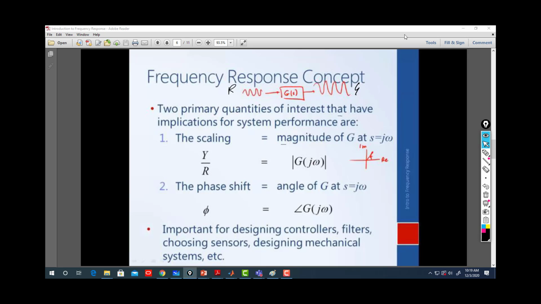So when choosing a sensor, or when designing mechanical systems, we also need to think about the frequency response, because you need to avoid any input that can vibrate your system too much.